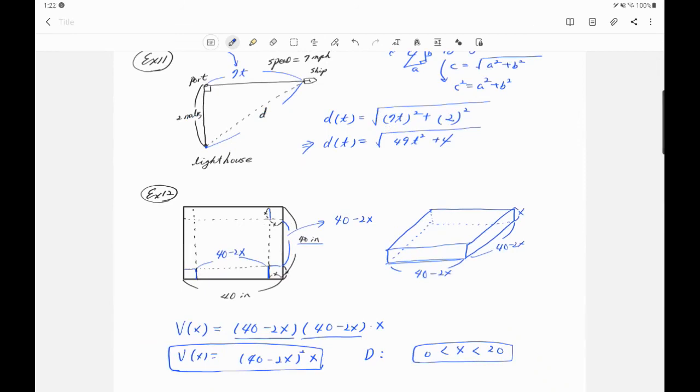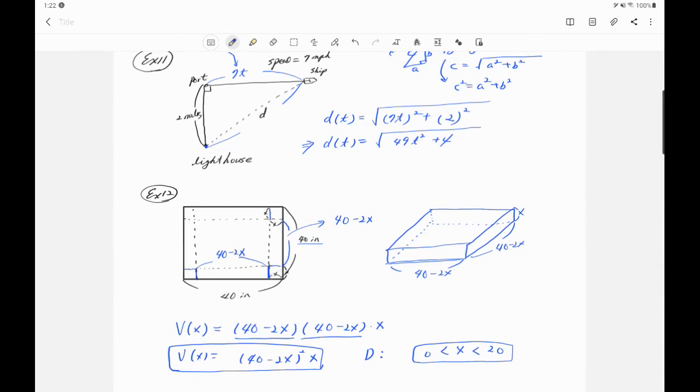I think I made a recording when I solved this exercise 12, but let me explain it again. We have a rectangular paper, and we want to make it a box by cutting the corners on all four sides, and each cut is x inches. Each side is 40 inches.